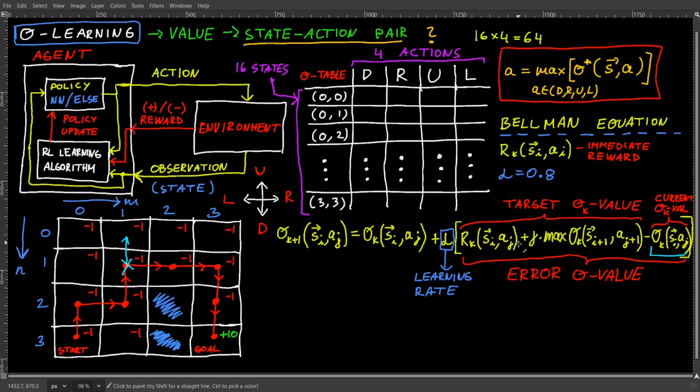Finally, this error multiplied by this alpha is then added to the current Q value, which in our example here would be for this state action pair. And then the sum will give you a new updated Q value at time k+1 for the same state action pair.